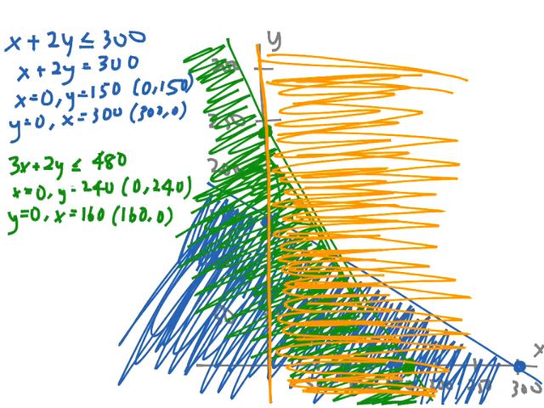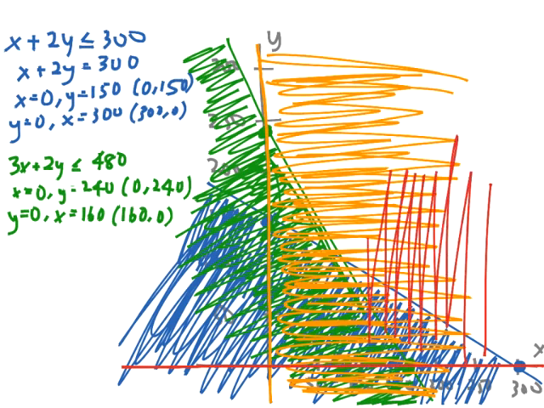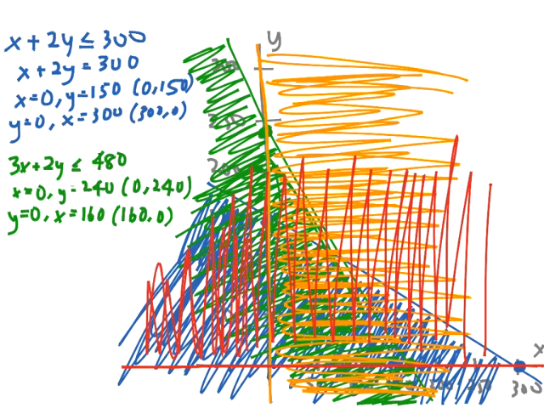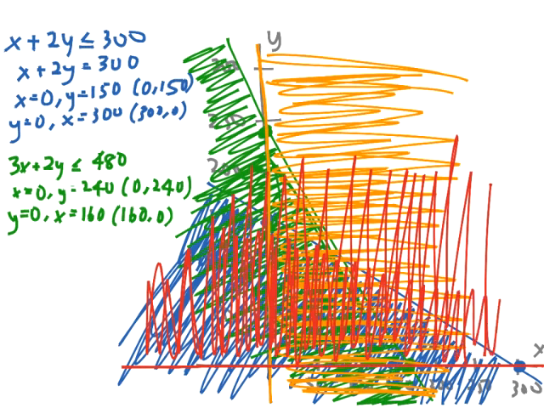So y equals 0 will be on the x-axis, so greater than will be the upper side of the red line. I know that everything gets messy. Okay, so after you have shaded all the inequalities, you need to identify which part has all the 4 colors. The part that has all the 4 colors is actually here.